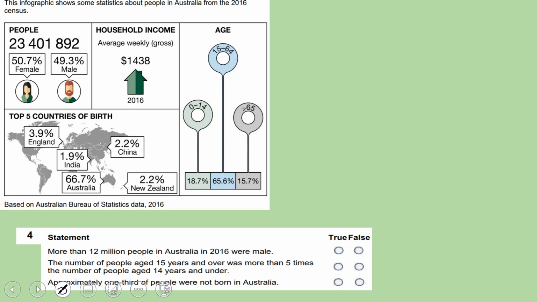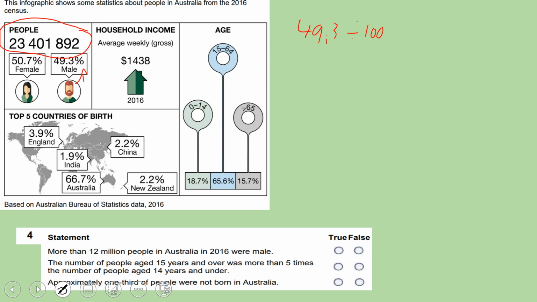Okay, an infographic, trying to use the information that we got here. So, first question, more than 12 million people in Australia in 2016 were male. So here's the amount of people in Australia in 2016. And it says that 49.3% were male. So we can convert percentages to decimals by dividing by 100. 49.3 divided by 100 to make it a decimal.